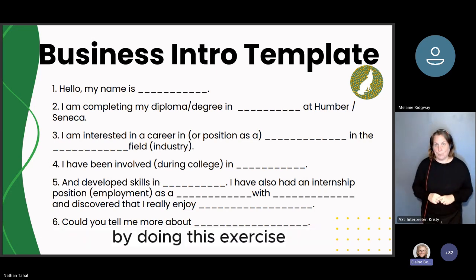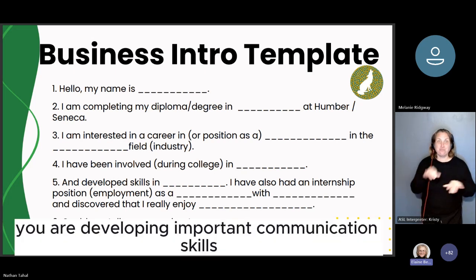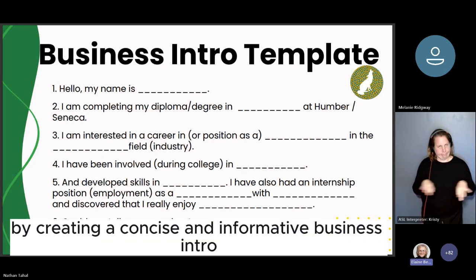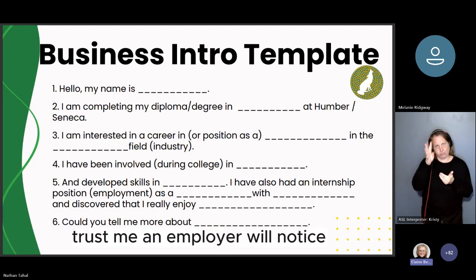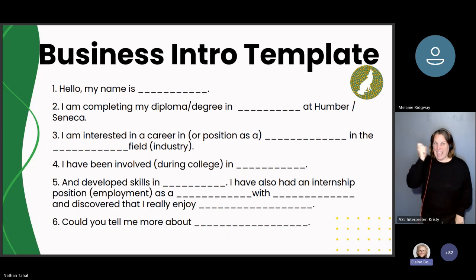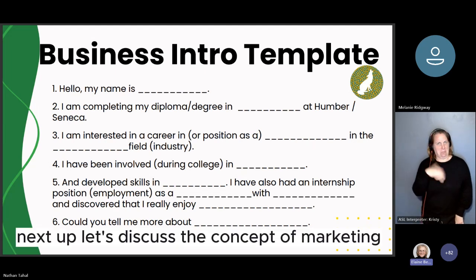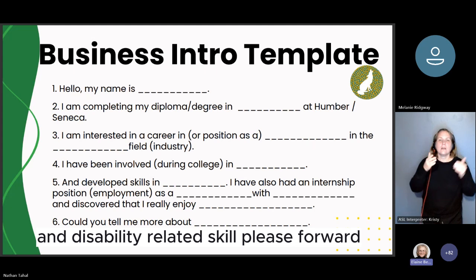By doing this exercise, you are developing important communication skills by creating a concise and informative business intro. Trust me, an employer will notice. Next up, let's discuss the concept of marketing a disability-related skill. Please forward.